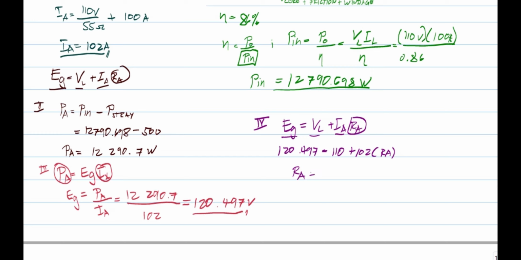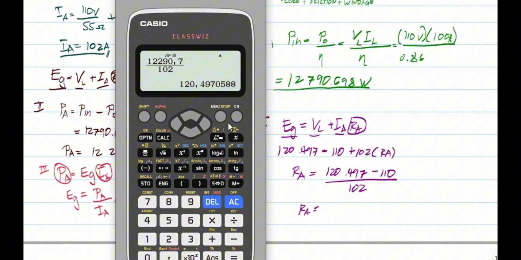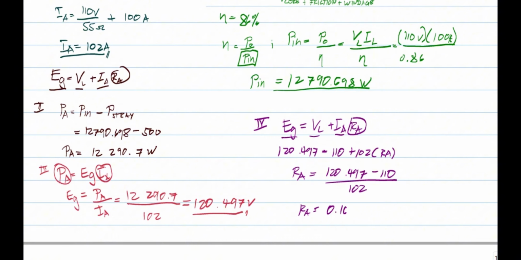Then let's rearrange the equation. RA is equal to 120.497 minus 110, divided by 102. We have 0.1029 ohms.